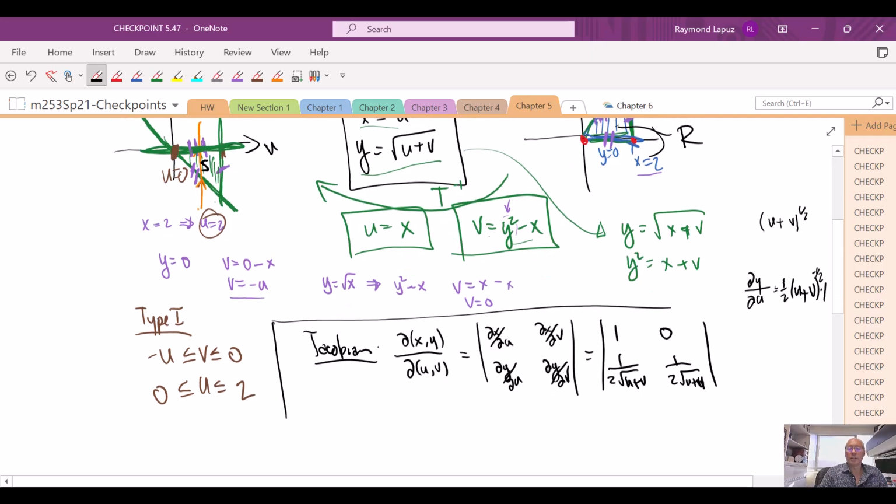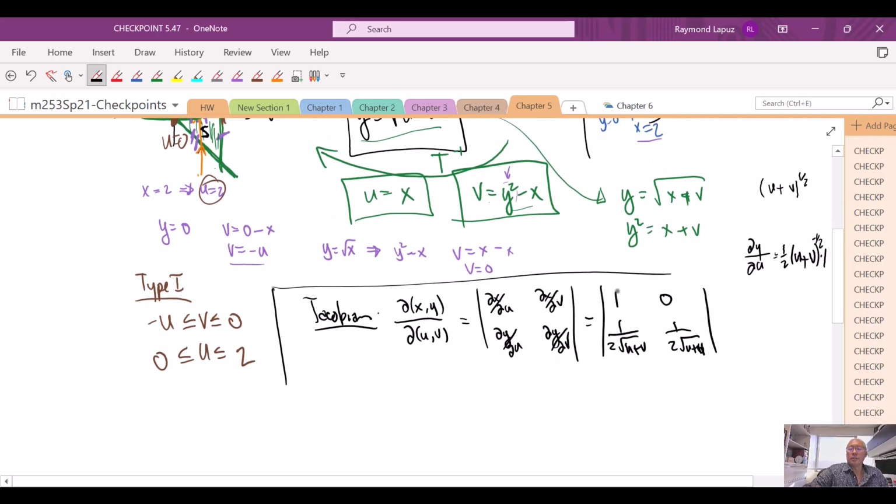And to find the determinant, it's just going to be 1 times 1 over 2 square root of u plus v minus 0. So that's it. That's our Jacobian.